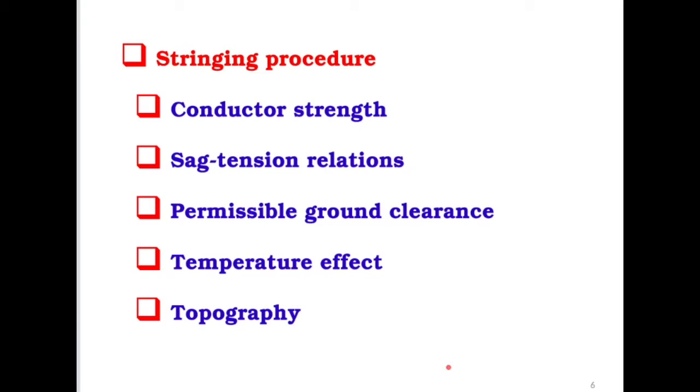When we string a length of conductor, we string it in between two supports. The support can be a steel tower, and for transmission lines we normally use steel towers, sometimes called lattice towers, and they also have different names because of their different purposes.